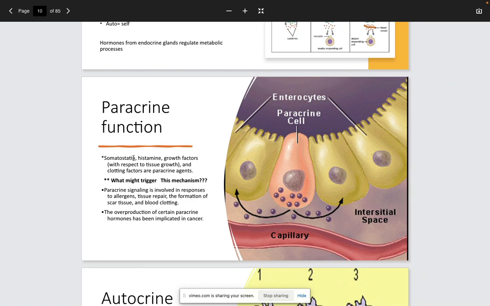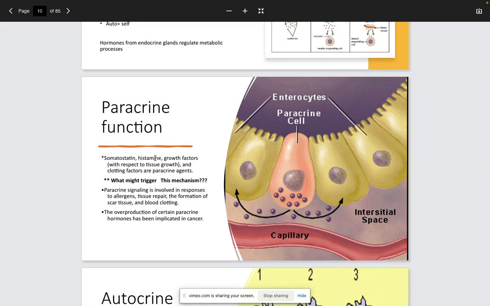For example, somatostatin is a hormone located within the pancreas that we'll discuss later on. It's responsible for inhibition, or stopping, the signaling of insulin and glucagon. Histamine is going to be produced by immune cells.